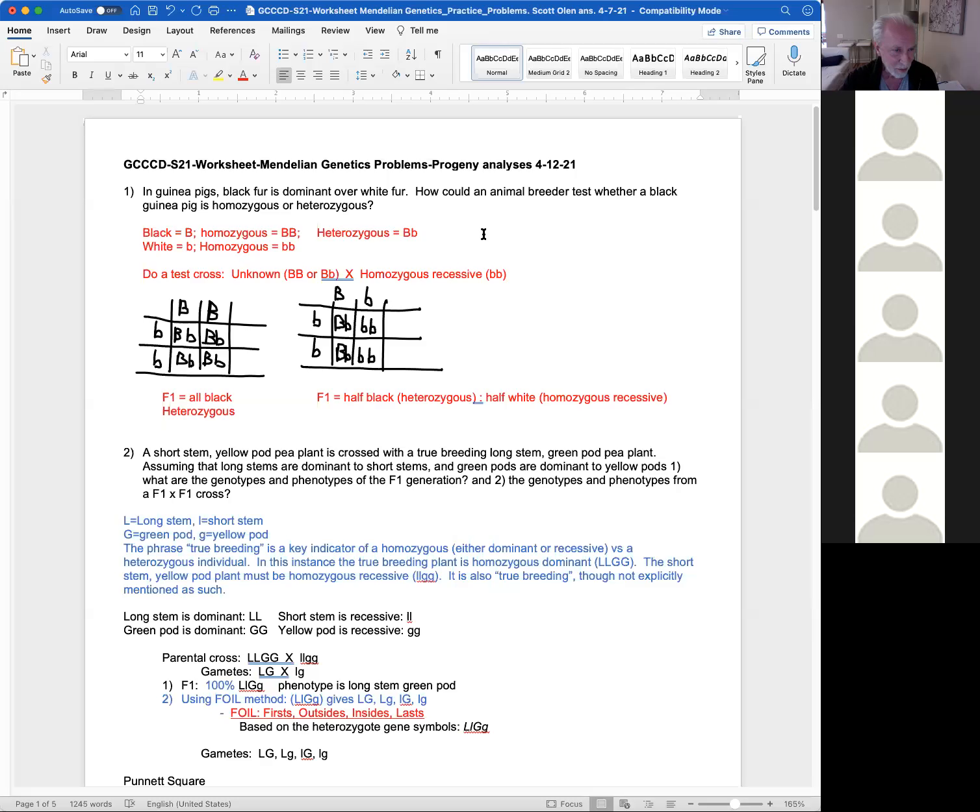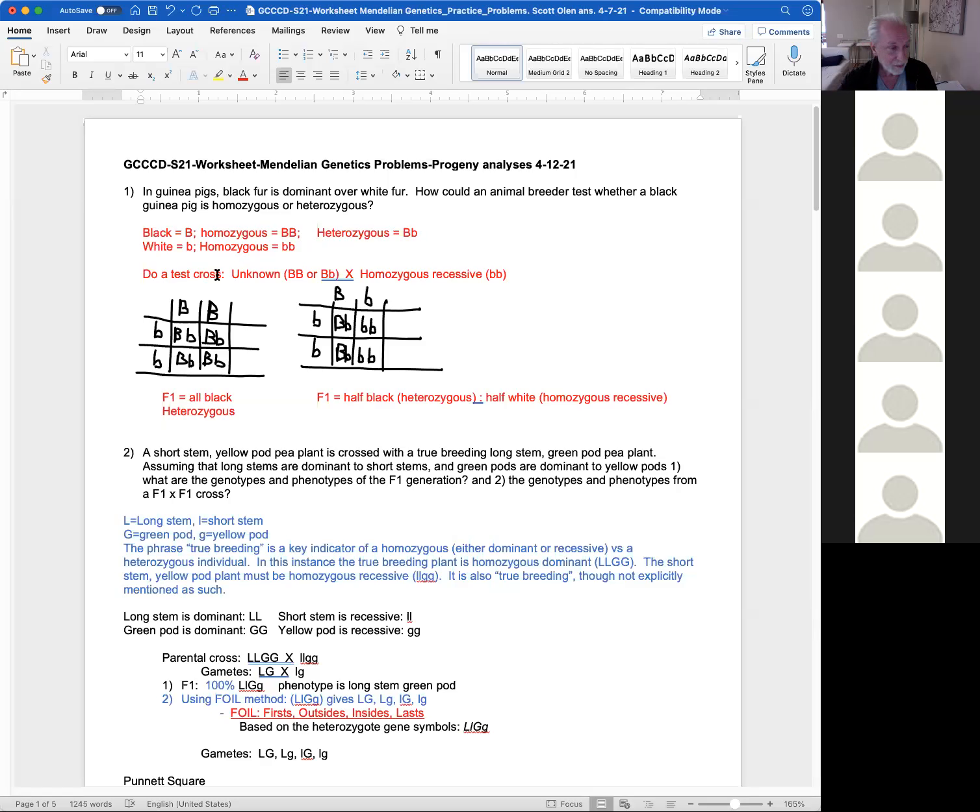And that means that the one with black fur could be homozygous dominant, or it could be heterozygous. So what do we do? We make a cross. And this is called a test cross.